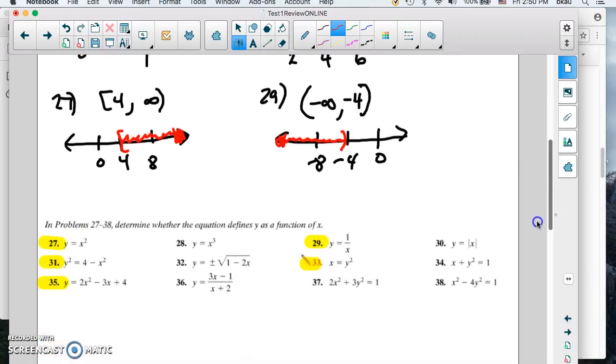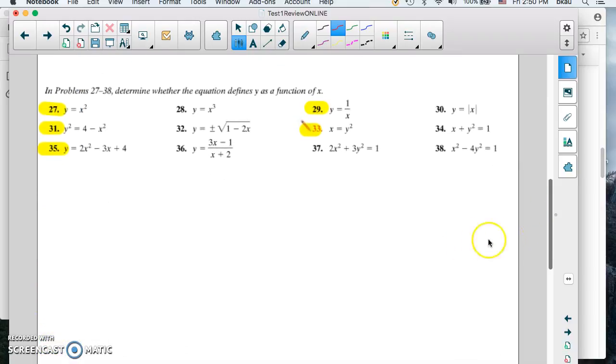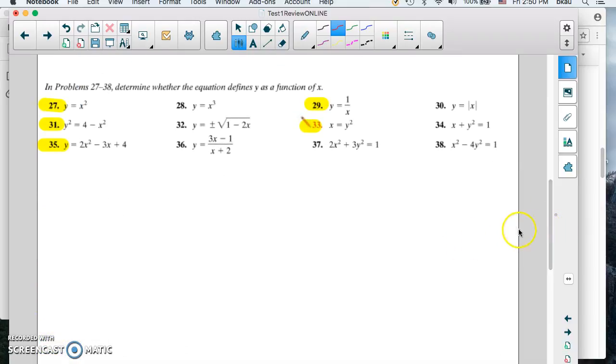All right, let's move on to the next problem, which is finding out whether y is a function of x. So to determine y as a function of x, what we would be looking for is that for every x, you'd only get one y value. So basically every function is going to be okay except for a square root.